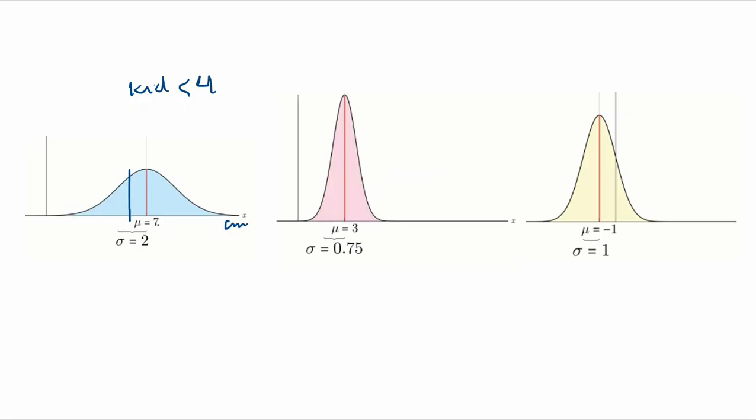So this is 70 centimeters. I want to know the probability that my son's height is less than 70 centimeters, okay? How can I do that?